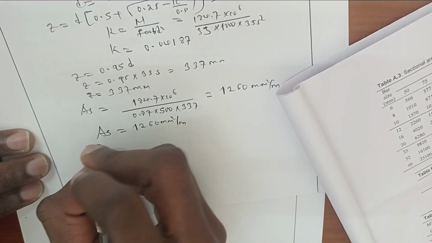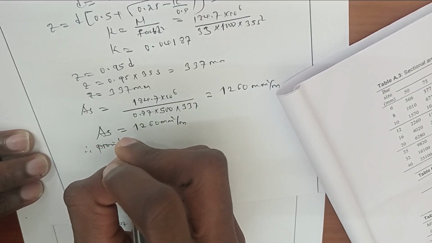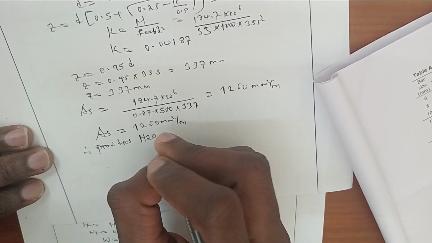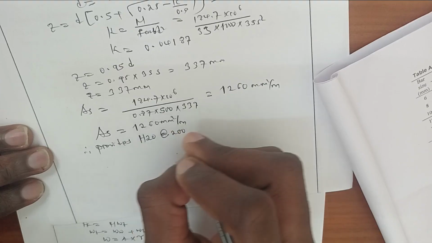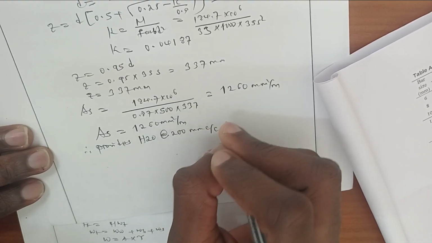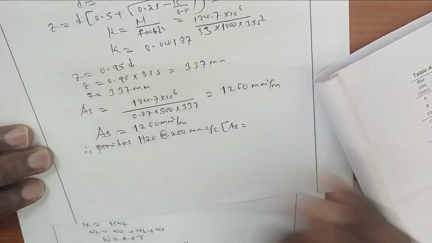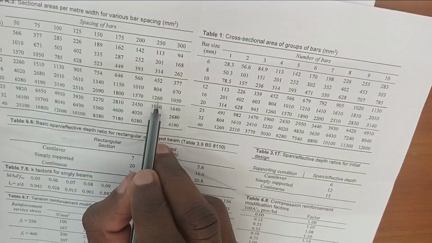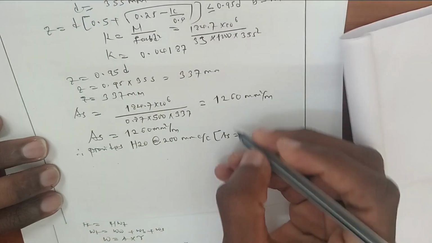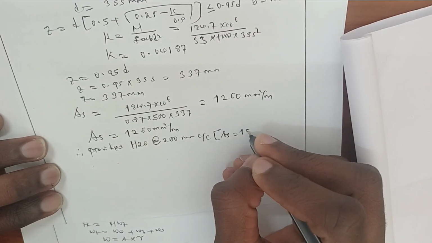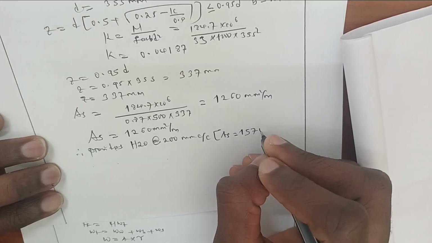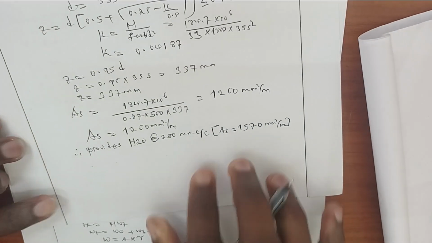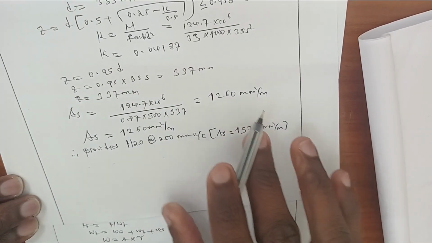Therefore, we say that we provide H with a diameter of 20 at a spacing of 200 millimeter center to center, which gives an area of 1570 millimeter square per meter. This is greater than the required area. This is the reinforcement for the stem wall.